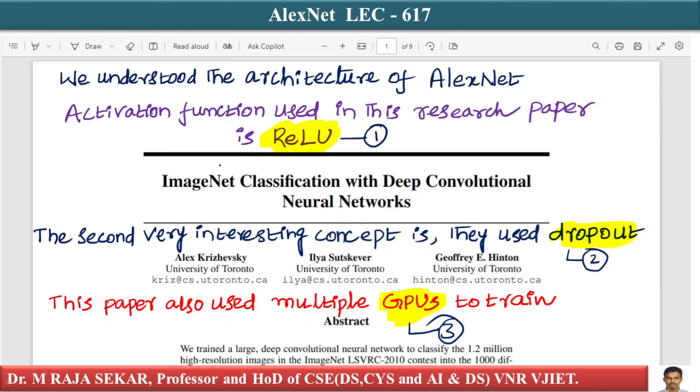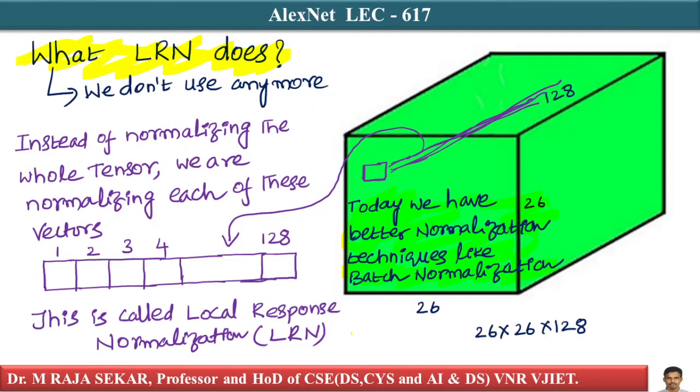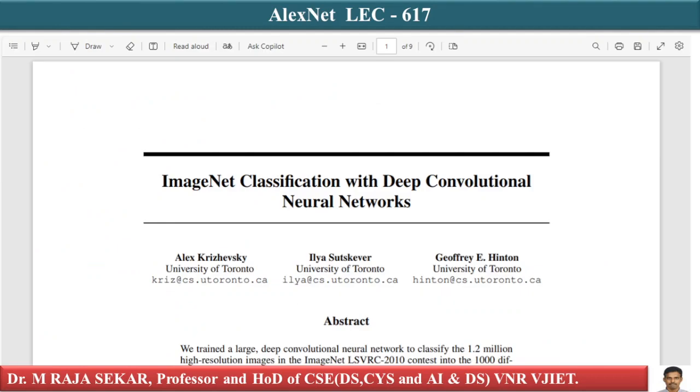In this lecture, I will continue my discussion on AlexNet. Let's go back to the research paper. What is this research paper? ImageNet classification with deep convolutional neural networks.